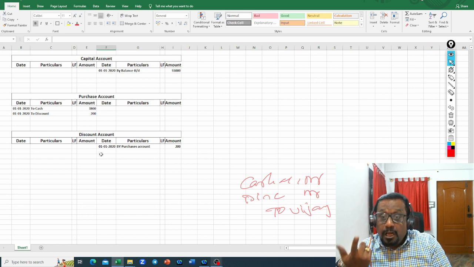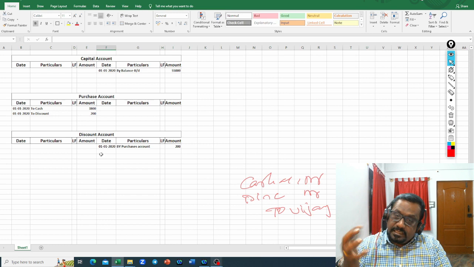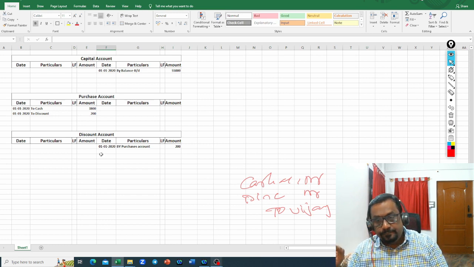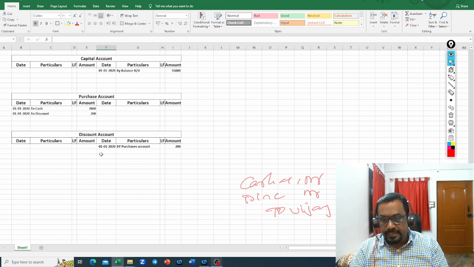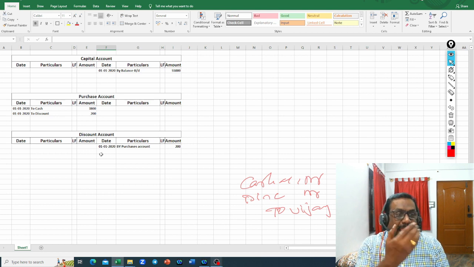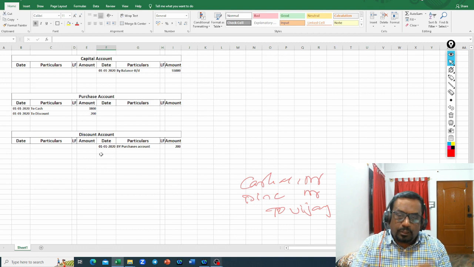This is discount allowed. Discount received you can show separately, discount allowed you can show separately. Two different accounts you can maintain, or you can club them together and make it one account, right? So I'm clubbing this in one account. In case you want to make it a separate account, you can do that, right?